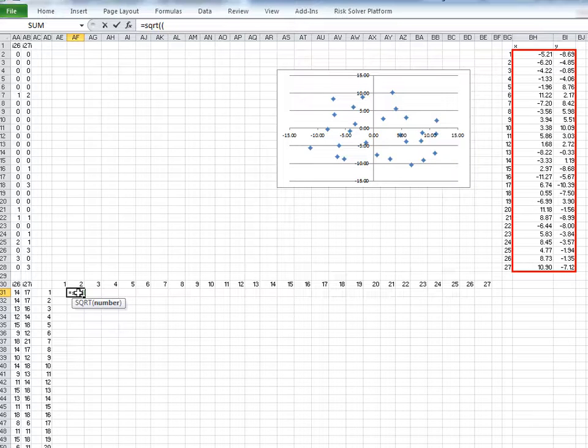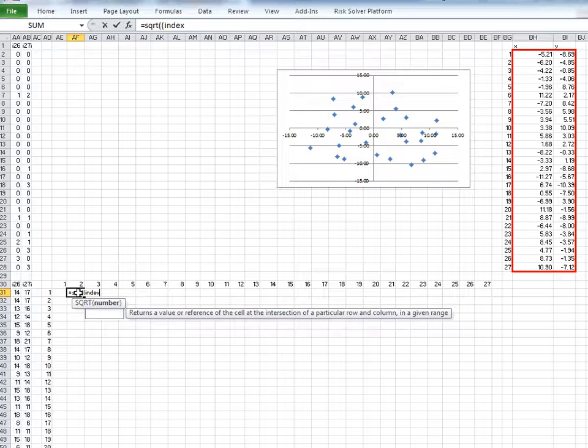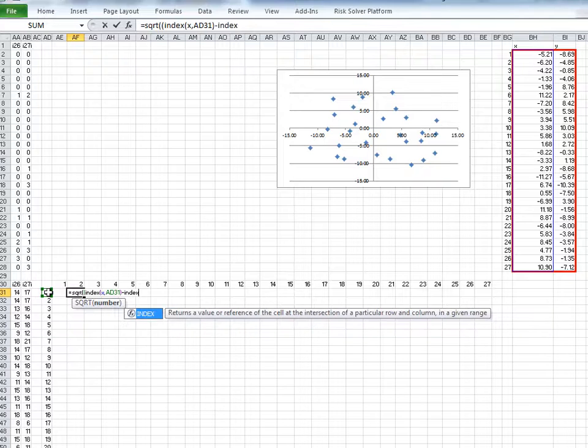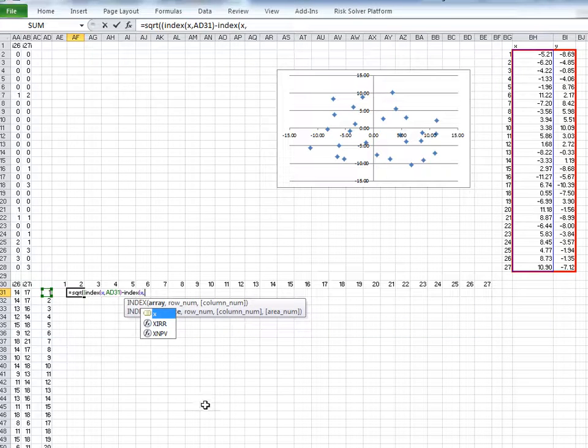So INDEX takes some kind of a point out from the x's, and we do INDEX x's comma, and now we take the first x. Here it is, and we close parenthesis, minus INDEX x comma the second point.